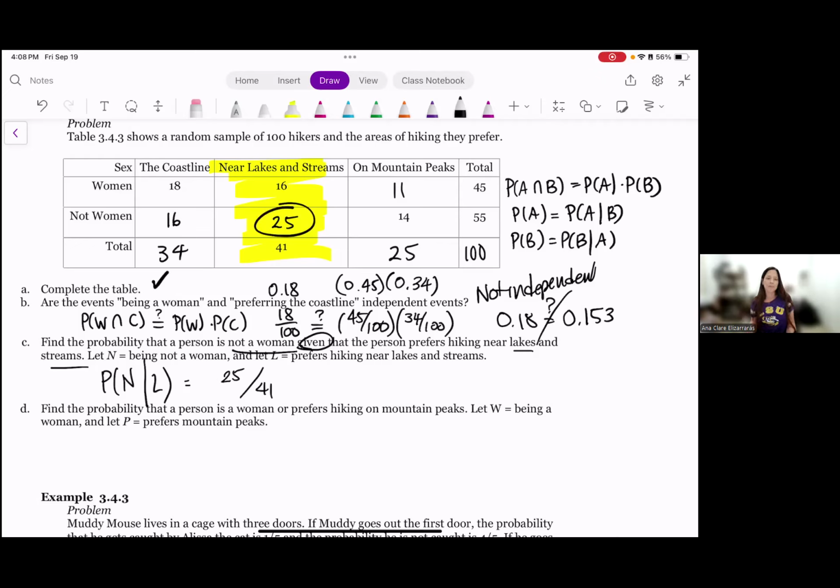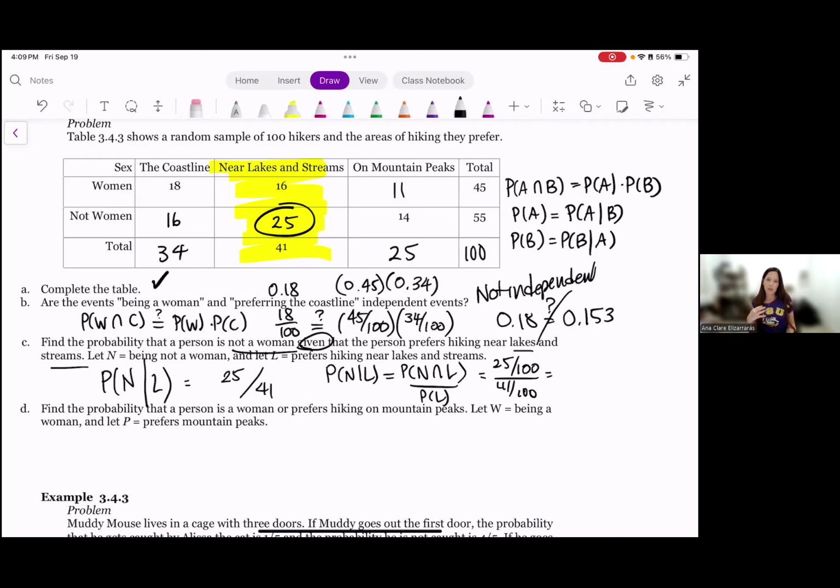Now, the rule for conditional probability says the probability of N given L is equal to the probability of N and L divided by the probability of L. So that's saying the intersection of not a woman and lakes and streams, 25 out of 100, divided by the probability of lakes and streams, should be equal to the same thing we calculated.